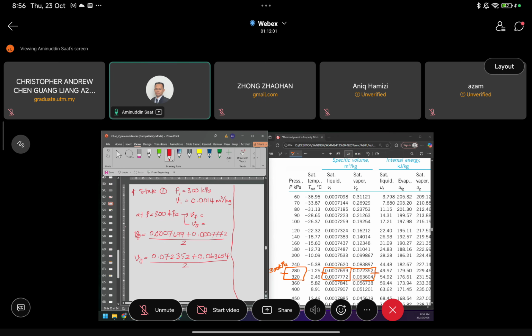Okay, how much is the VF? I think it is in between 0.0000. This one is still a 7. Is it 7?